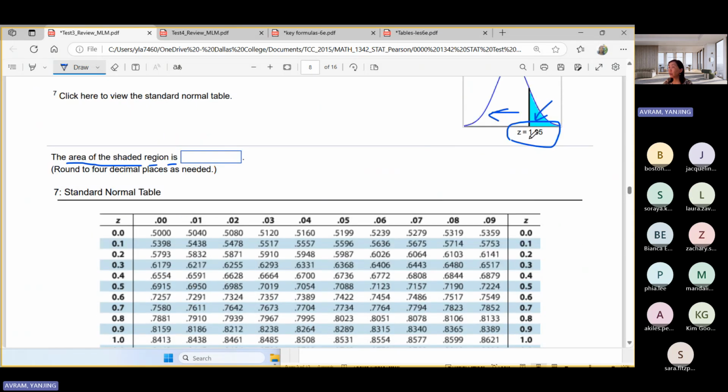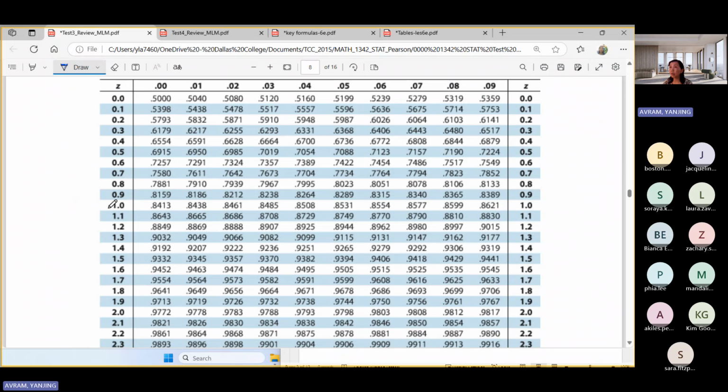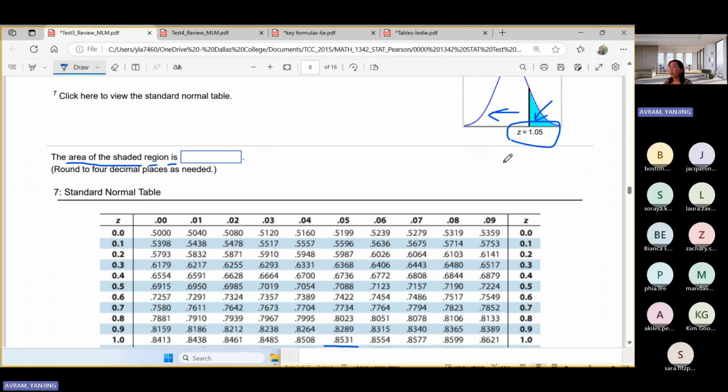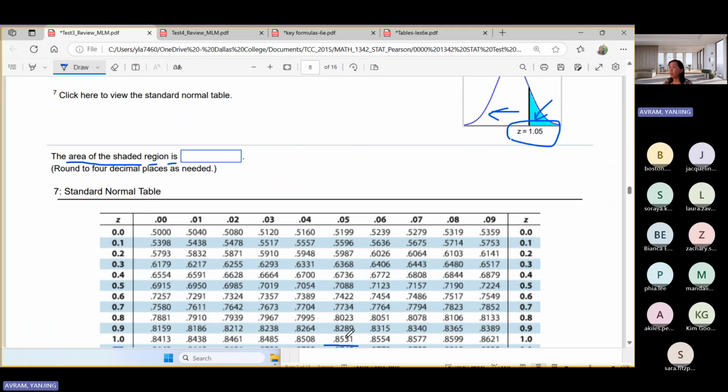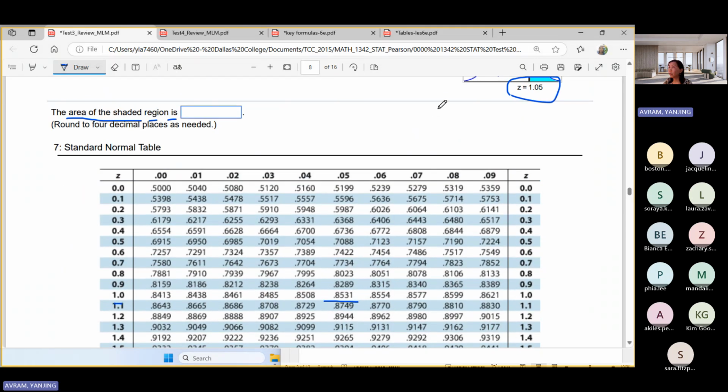So you will need to use 1 minus this area to the left. So 1.05 right here, 1.05. Okay, so that's 0.8531. So area to the right will be 1 minus 0.8531.